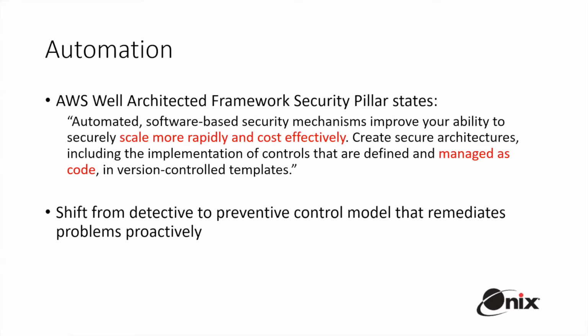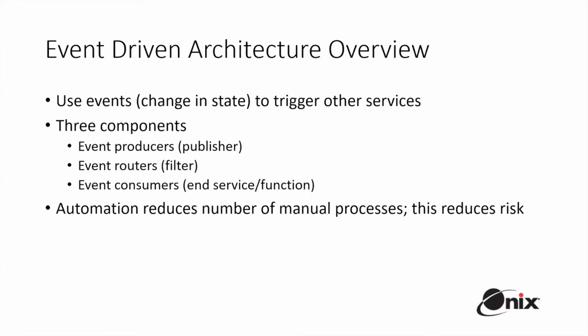That's a differentiator between what we have, typically on-prem and some of the legacy ways of running our technology, versus going full cloud infrastructure as code. And what this does is it allows us to shift from detective to preventive control models, right? That allows us to remediate problems proactively. And we'll see some of that in the demo that's coming up.